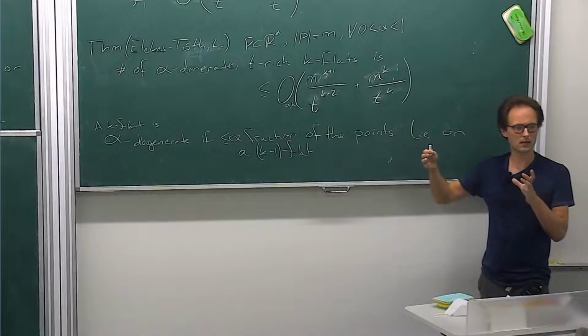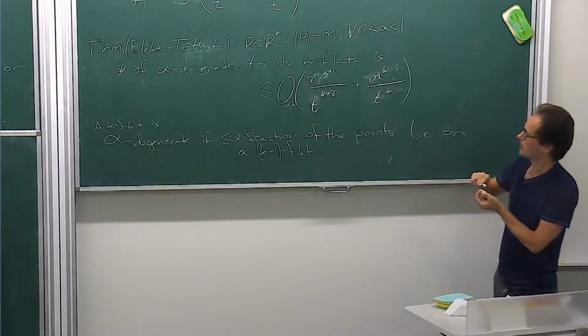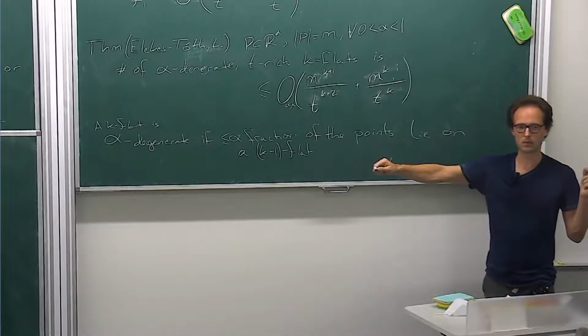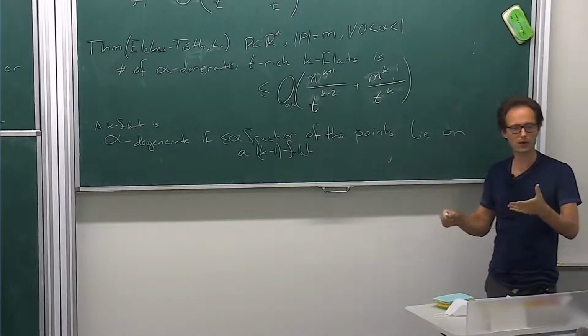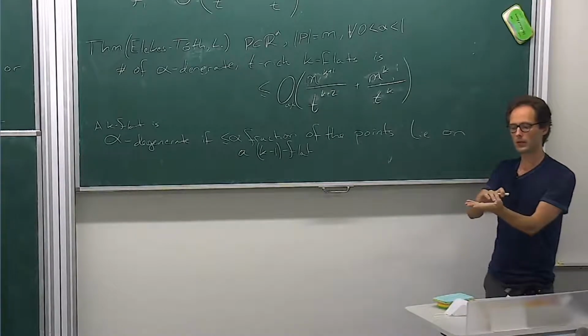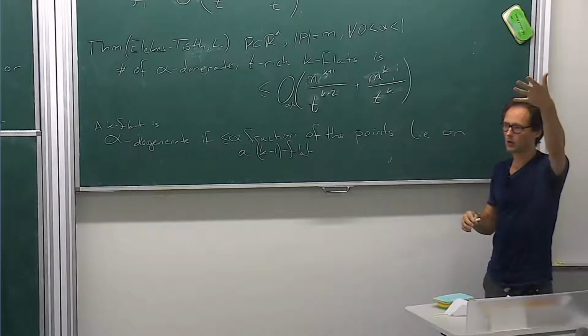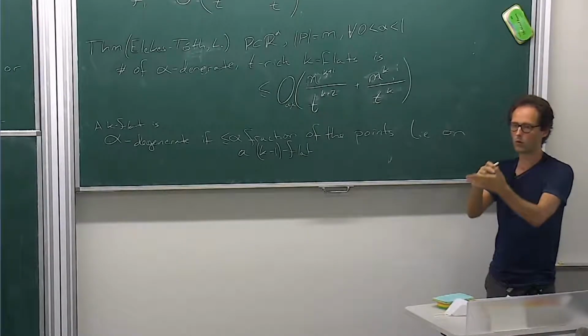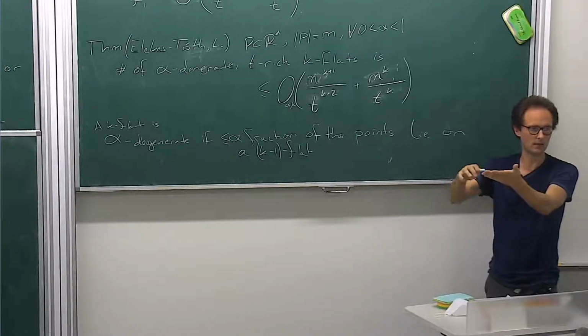What you're saying is that if you count incidences between, of course the number of T-rich planes can be arbitrarily large, but if we require that we're only going to count those planes, so if you've got T points collinear, then we're going to only count those points that also have 1 minus alpha T points that are not also contained in that line.